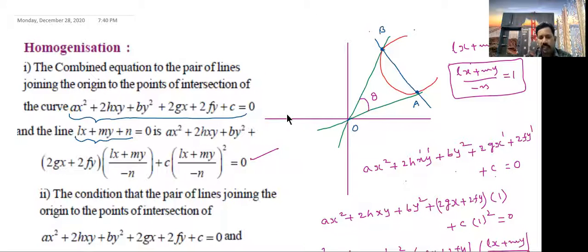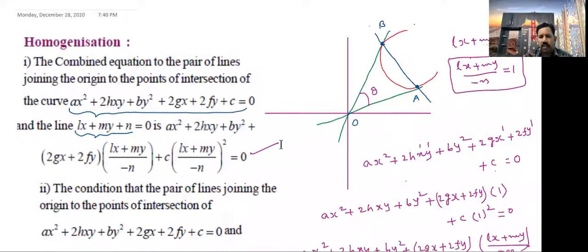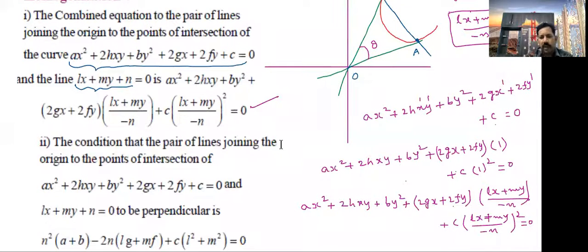Cos theta is equal to mod of a plus b by under root of a minus b whole square plus 4h square. If the a plus b value is 0, then we say that the angle between the pair of lines is 90 degrees. Those conditions we already know. How we are homogenizing the non-homogeneous equation with the help of the line, that is the important part here.